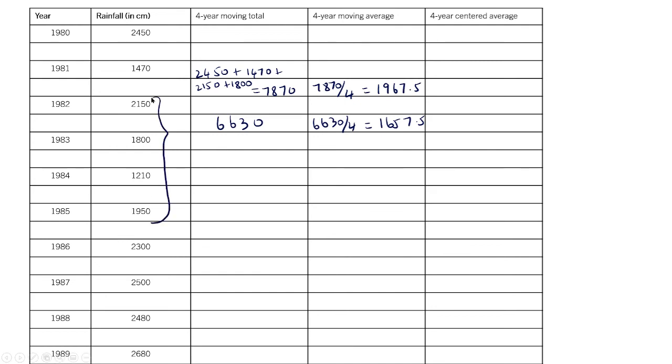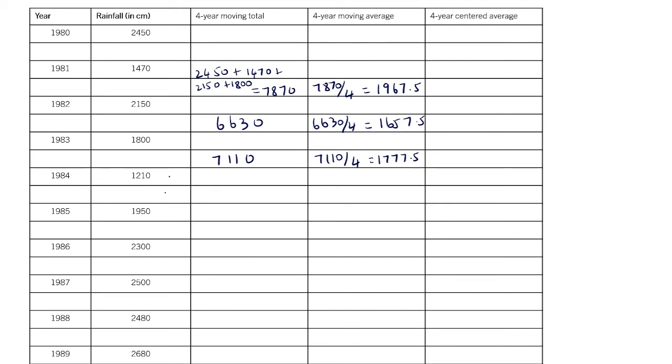So when we add these 4, 2150 plus 1800 plus 1210 plus 1950, we get 7110. And the 4-year moving average is 7110 upon 4. It is 1777.5.